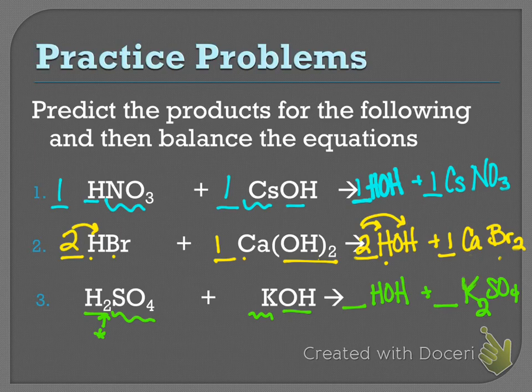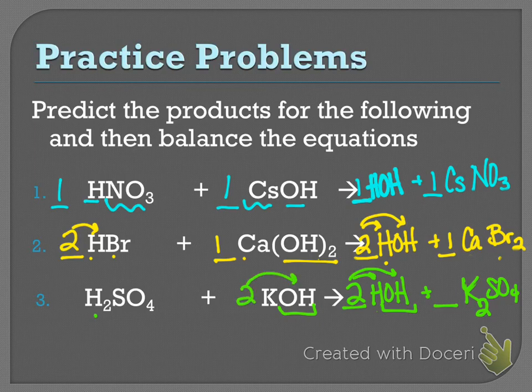So this is pretty much ready to balance now. So there are 2 hydrogens on the reactant side, but only 1 on the product side. So I'm going to multiply the water by 2, which is going to give me 2 hydrogens, but also 2 of that hydroxide group. So on the reactant side, I only have 1, so I'm going to multiply potassium hydroxide by 2.